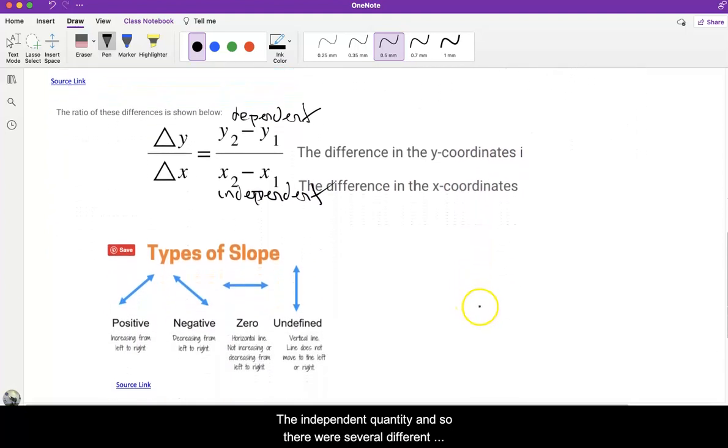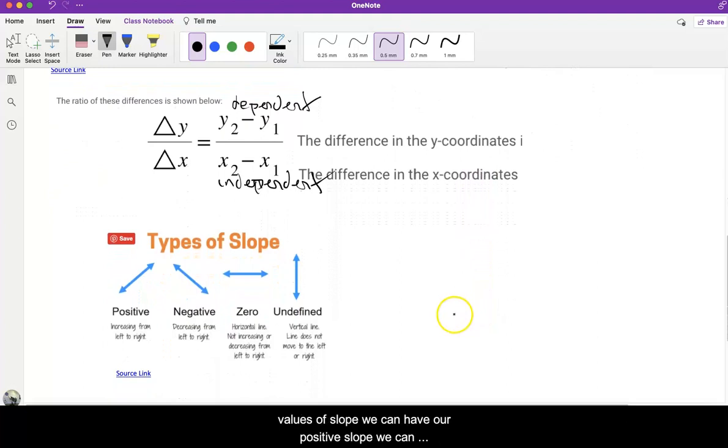There were several different values of slope. We could have a positive slope, a negative slope, a zero slope, and an undefined slope. That's what we talked about in an algebra course.